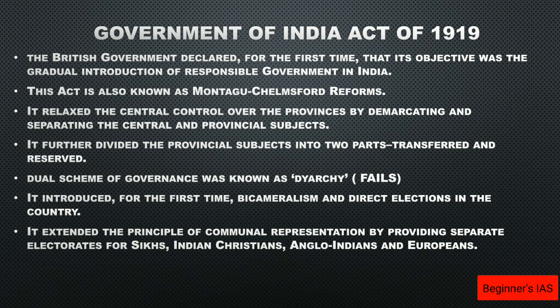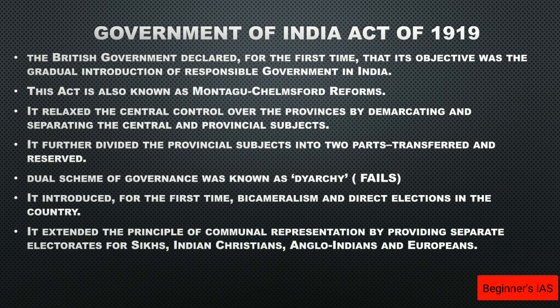And also this act introduced for the first time bicameralism. What do you mean by bicameralism? The upper house and the lower house. That is what is meant by bicameralism. And also direct elections were introduced for the first time in the country by the Government of India Act of 1919.